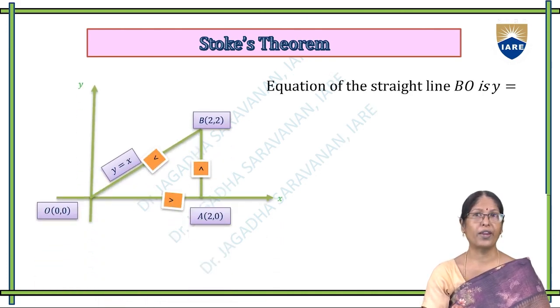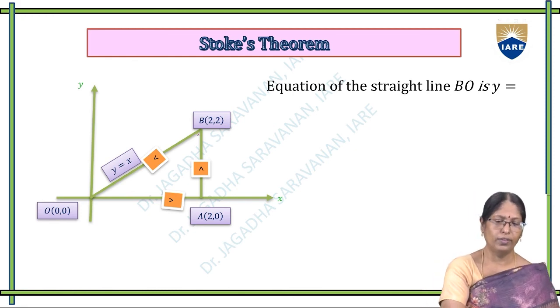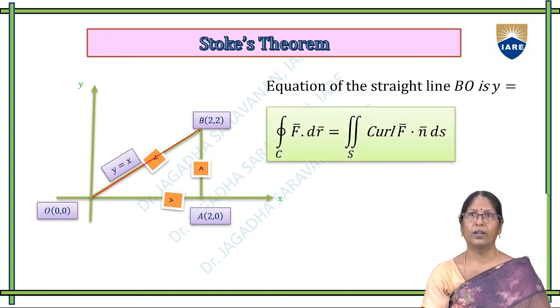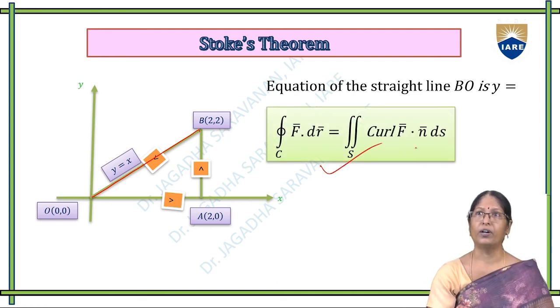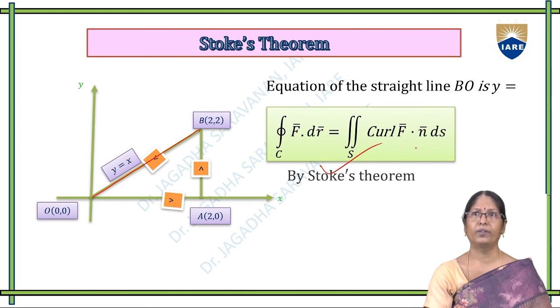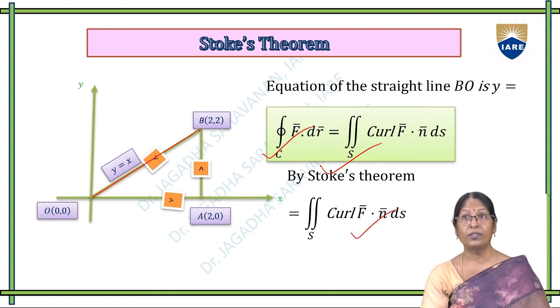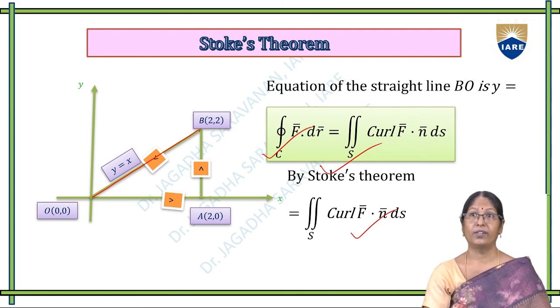The equation of the straight line along BO is y equal to x. Now by Stokes theorem, the line integral equals the surface integral of curl F dot n dS.